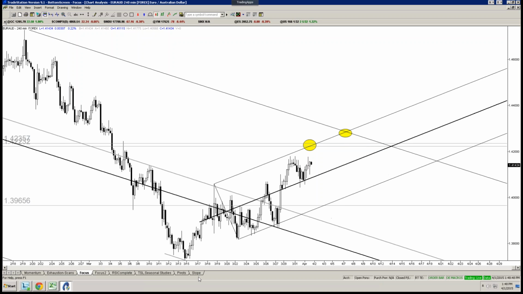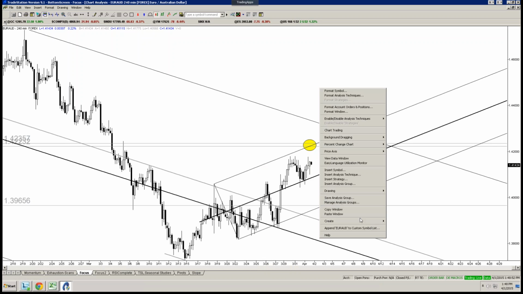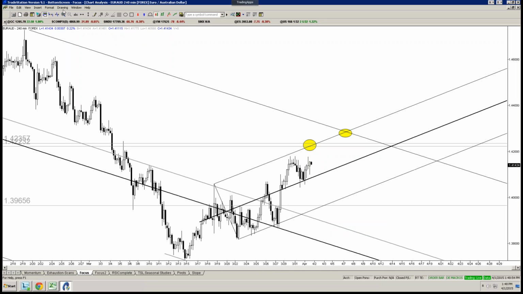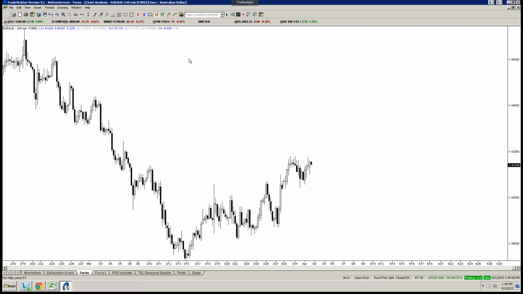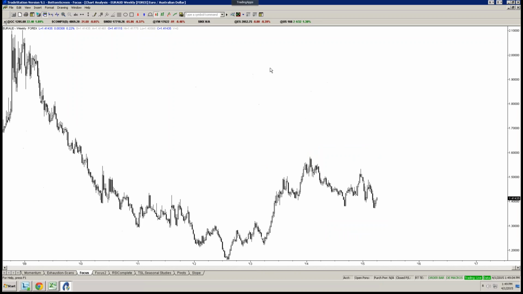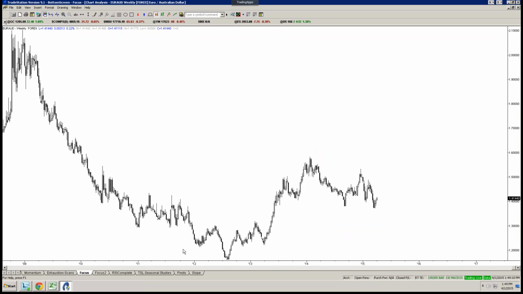But we have what could be a very large topping pattern, right? Just like this was a very large bottoming pattern, this could be a very large topping pattern.